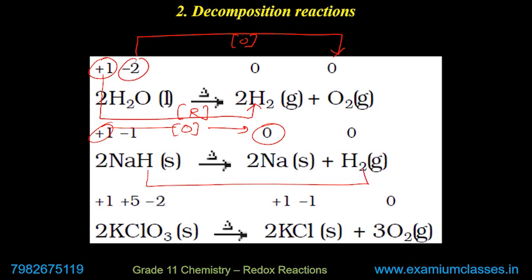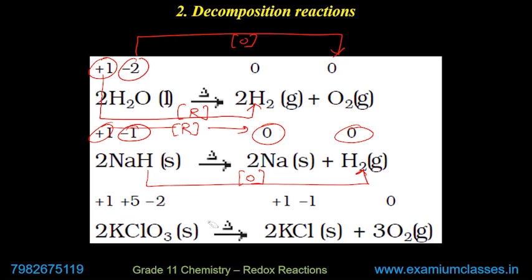And hydrogen from -1 to 0, it is increase. -1 to 0 is increase in oxidation state. It is oxidation. Sorry. It is reduction. It is decrease. It is +1 to 0 is reduction. Next, consider this. Yeah. Potassium in all its compounds will always have +1 oxidation state.